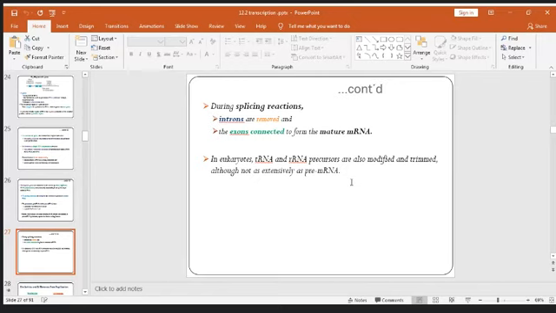Why? Because it is mostly on messenger RNA that the direct genetic information is transferred. So transfer RNA and ribosomal RNA may not have many introns compared with messenger RNA. So even if transfer RNA and ribosomal RNA undergo modification, it cannot be like that of messenger RNA.